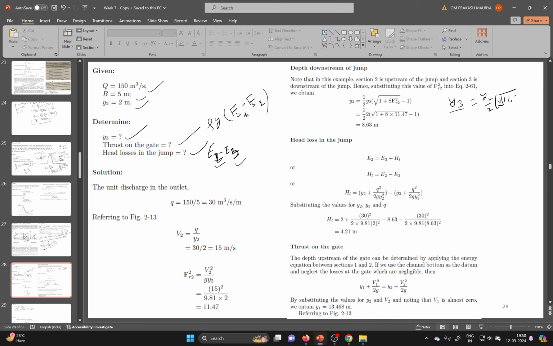For calculating Fr2 you need y2, so that's why we use it here. First of all you need this formula. For calculating the parameters in this formula, you need to calculate your Fr2 and the velocity 2. So your y3 is 8.63.